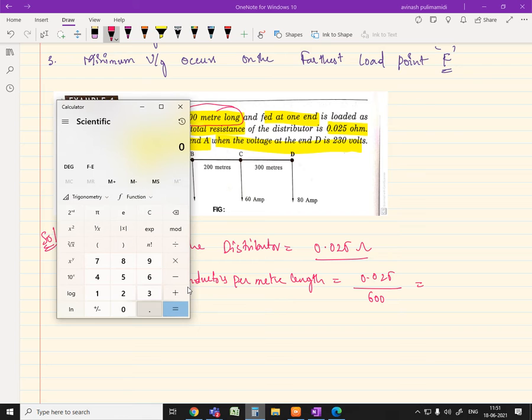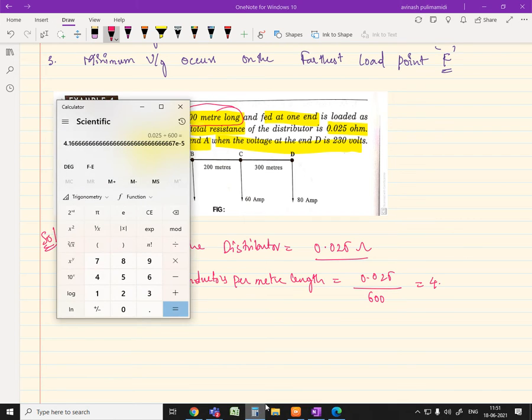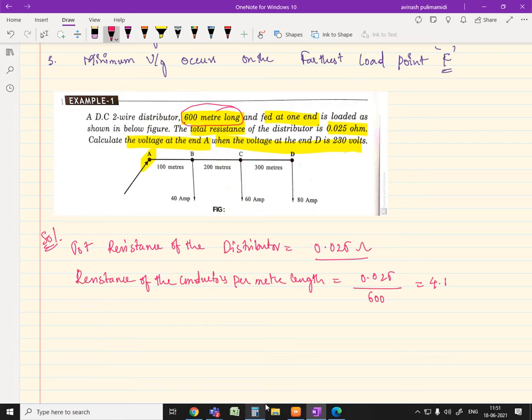Yes, students, please calculate 0.025 divided by 600. It will be 4.16 into 10 power minus 5. So let me take 4.16 as 4.17 into 10 power minus 5 ohm per meter.